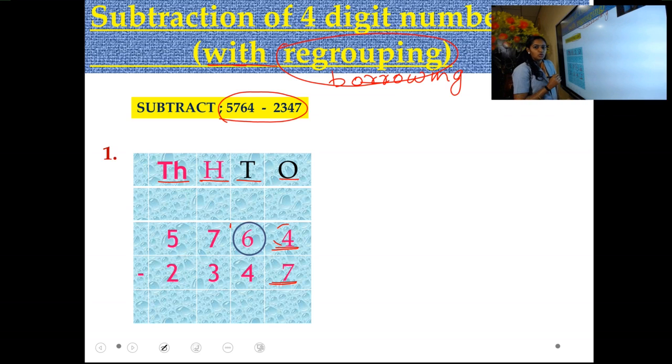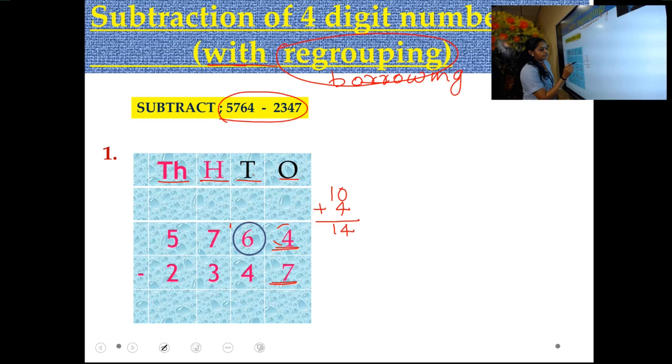So, what will we do? You have to borrow some numbers from the tens place. So, 6 will give 10 to 4, and that 10 and the remaining 4 will become 14.